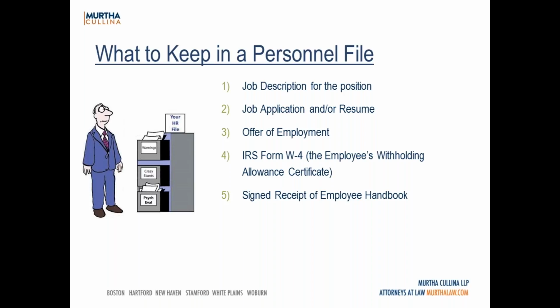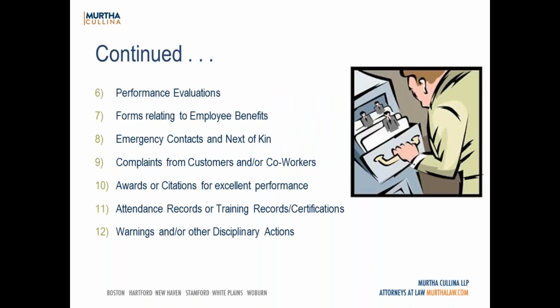Any emergency contact information. And then with regard to any specific feedback on which an employment decision has been made. So if there have been complaints brought against the employee, or if there's accolades or positive comments which are used to inform a person's employment, those may all be included, as well as certain attendance records, warnings, or disciplines.